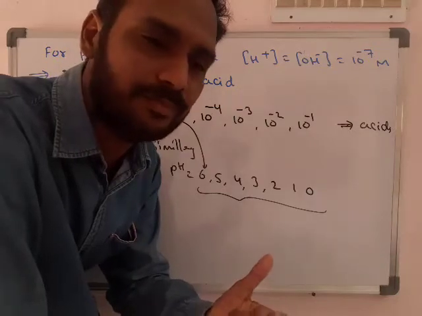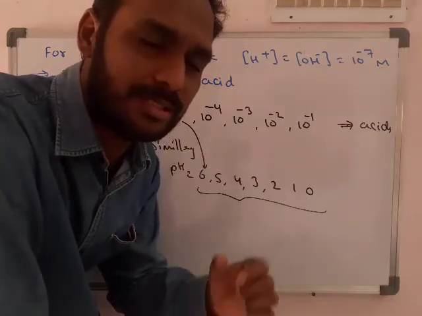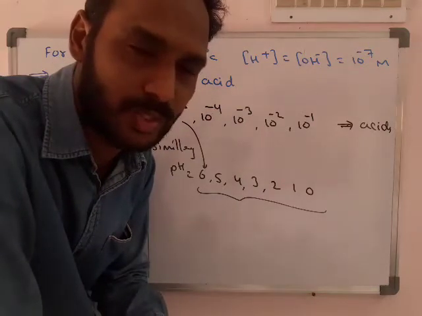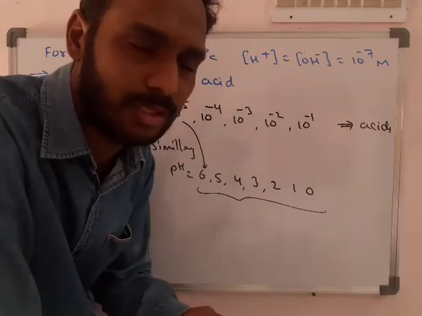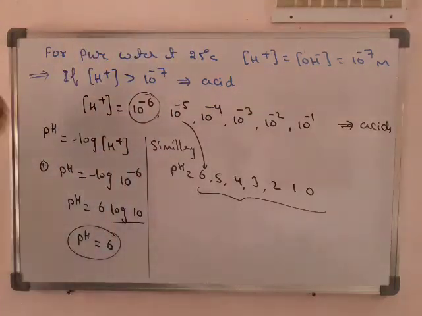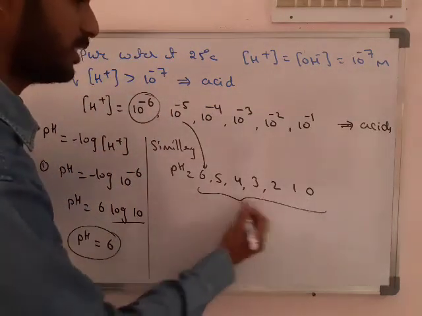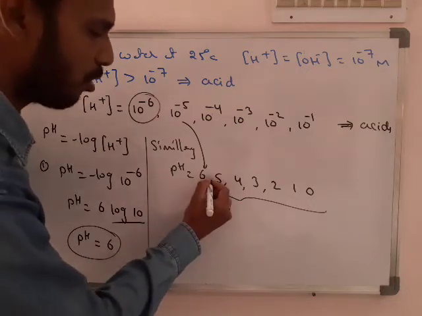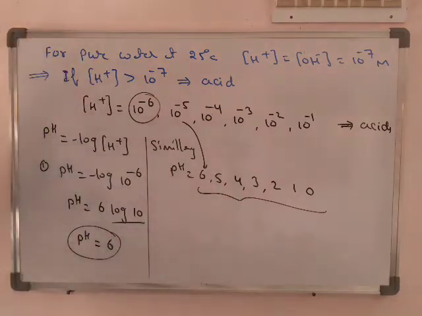Greater than minus 7, what are the possibilities? Minus 6, minus 5, minus 1, even up to 0. Log 1 is 0. All these values indicate acids. Not only 6, all the middle values also.